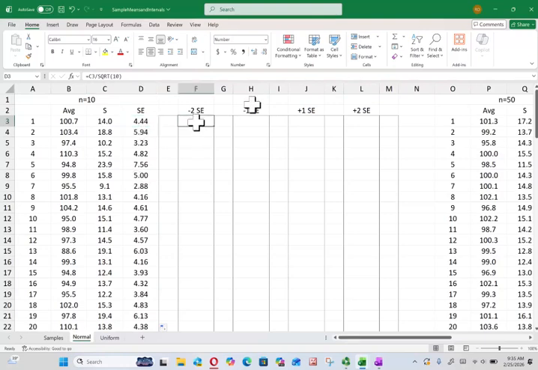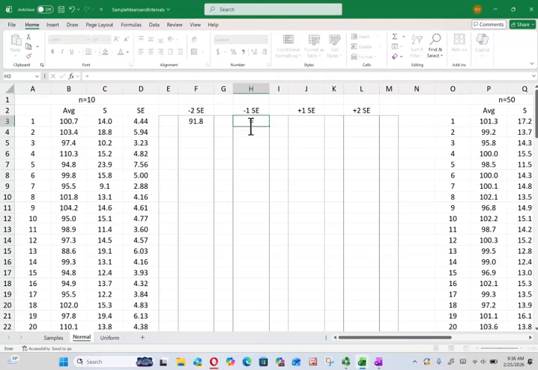Go over to this -2 standard error column. And in there we want equals 100.7 minus 2 times the standard error. 91.8. Go to the -1 standard error column. And the calculation is equals 100.7 minus 1 times the standard error.